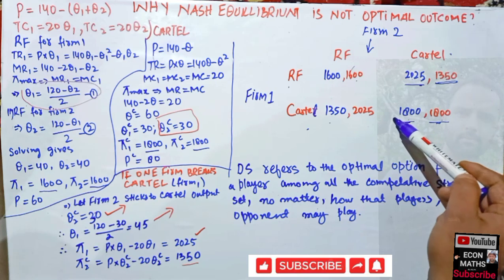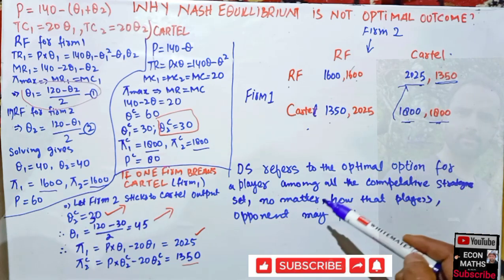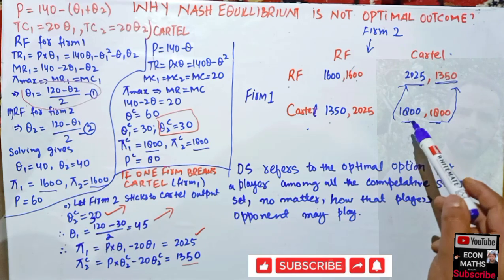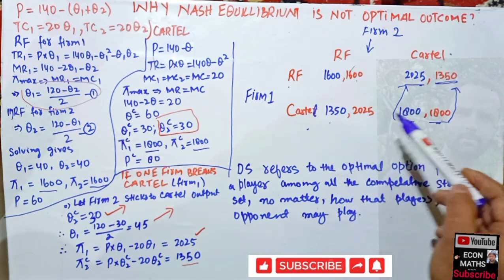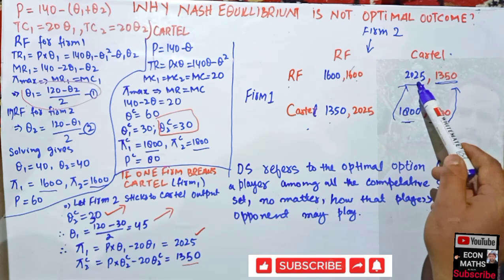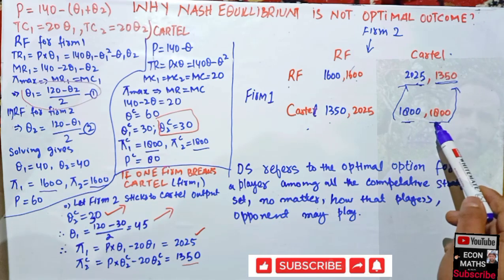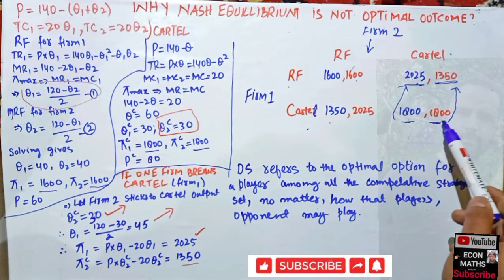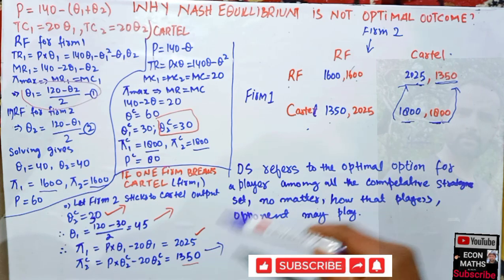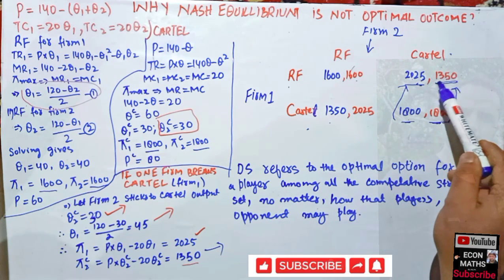That means one firm is better off when he breaks the cartel, and the other firm is worse off, because we have seen when firm 1 breaks the cartel, firm 1 gets 2025 as the profit. And if firm 2 sticks to the cartel agreement, he gets only 1350.